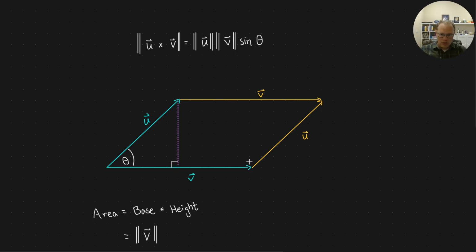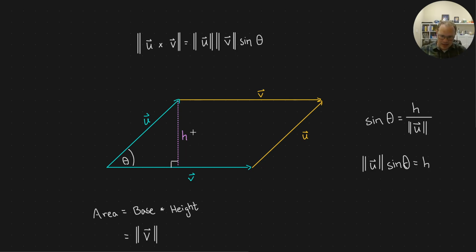We know that the height here, let me label it, if I take sine of theta, I get opposite, which is the height, over hypotenuse, which is the norm of u. And if I just move that norm of u over, then the height that I'm looking for is just norm of u times sine theta.